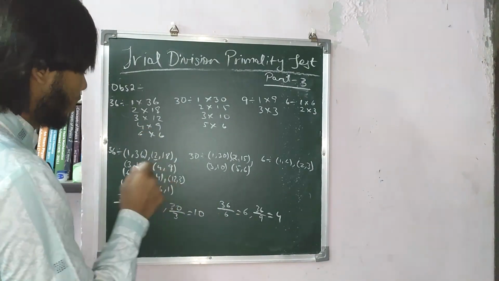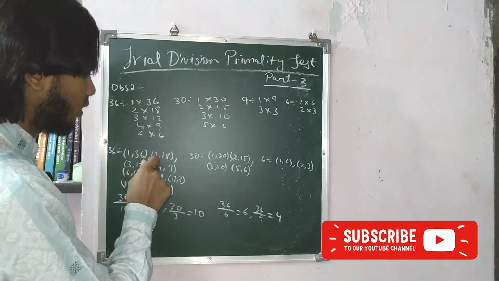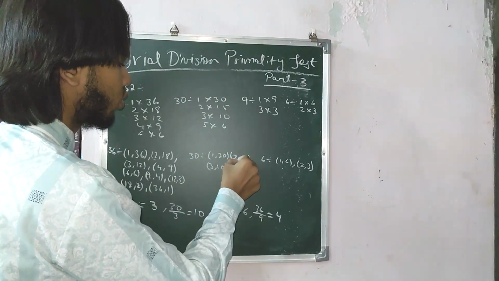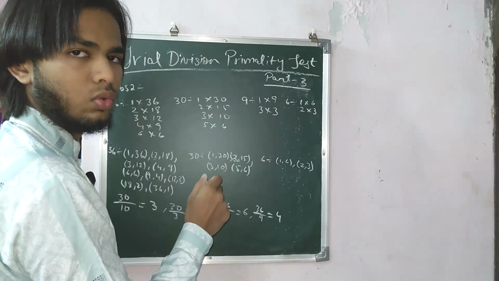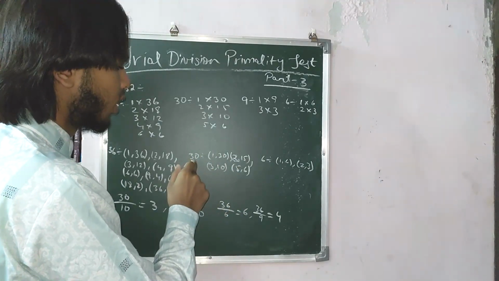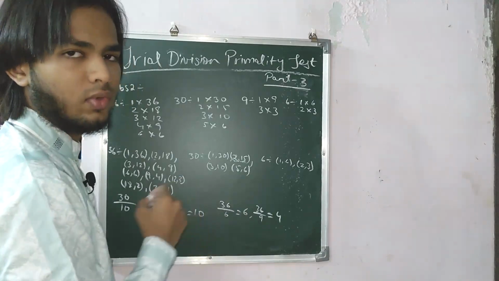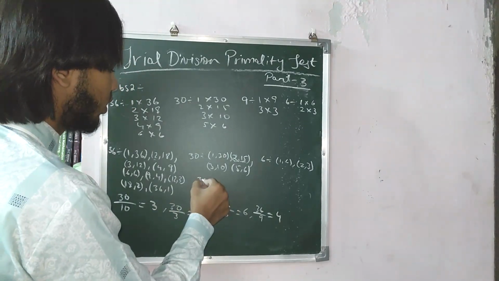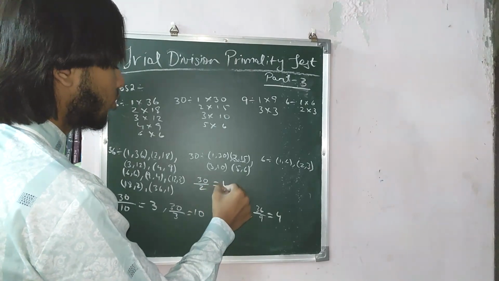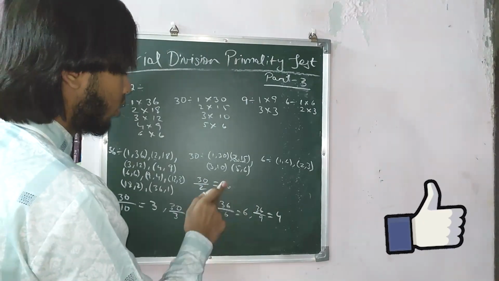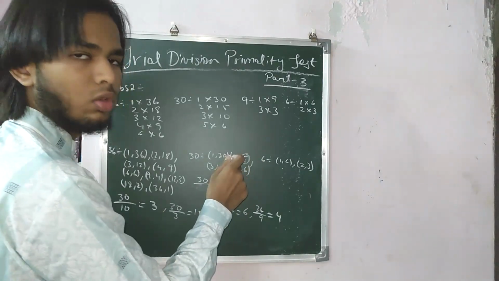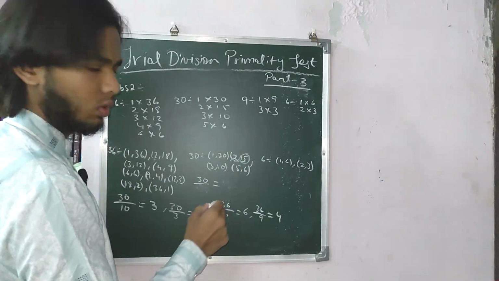Let's come to example 30. When we count 2 as a factor of 30, we automatically count 15 also, because 30 divided by 2 is 15. Or if we count 15, 2 automatically comes into account.